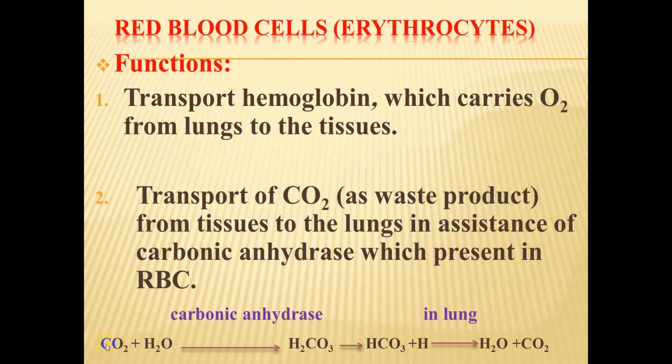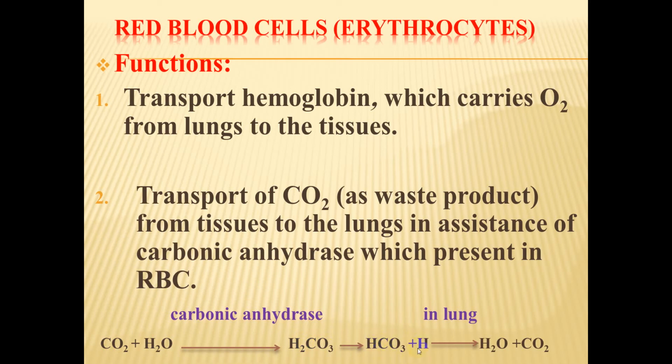When carbon dioxide released from the tissues as waste product attached with the H2O اللي هو أصلا موجود داخل الخلية, with the presence of carbonic anhydrase inside the red blood cells, the reaction يكون داخل RBC, convert to hydrogen bicarbonate, يتحول إلى hydrogen bicarbonate اللي هي easily convert to acid اللي هو carbonic acid.